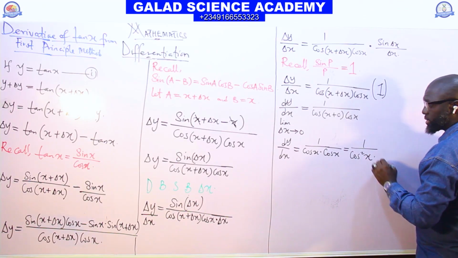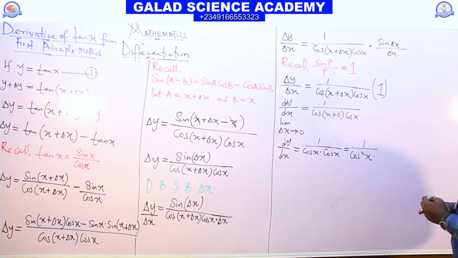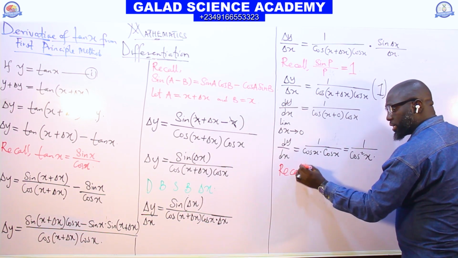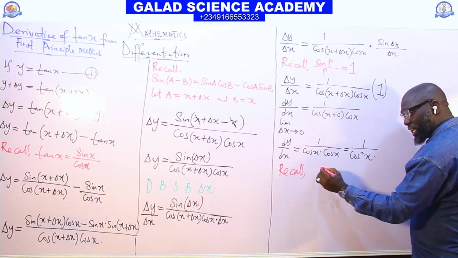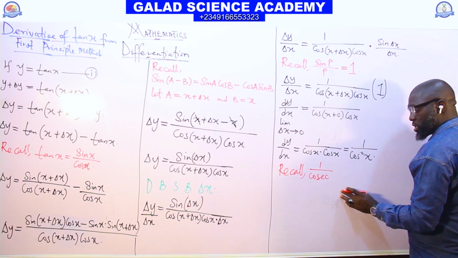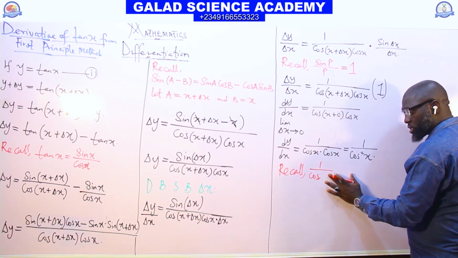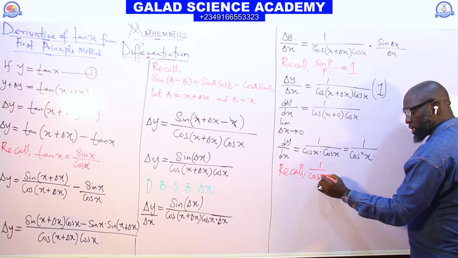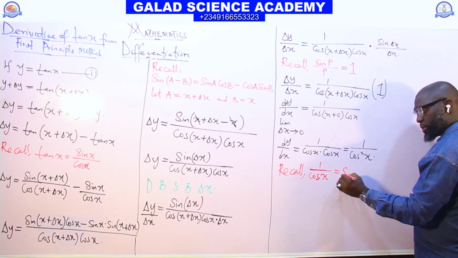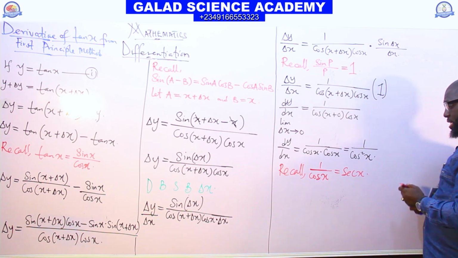From the trig identity, again recall that whenever we have 1 over cos x, it is always sec x.